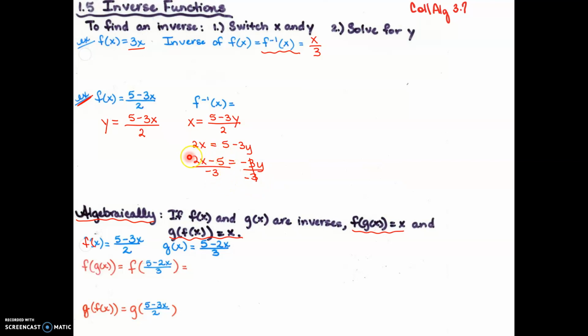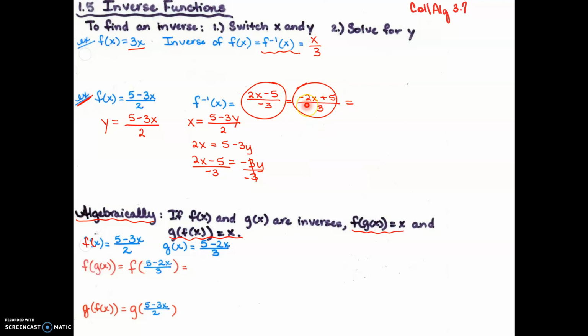Now, this would be our inverse function. And there are quite a few different ways that we could write that. We could write it as what we just got. Or since we have a negative 3 in the bottom, we could divide the numerator by a negative to get rid of that negative in the bottom. So that would give us this version.